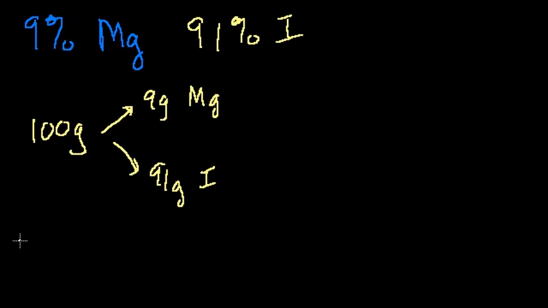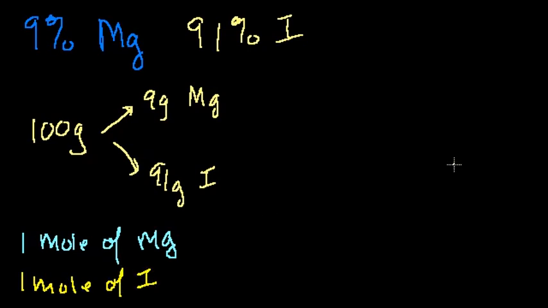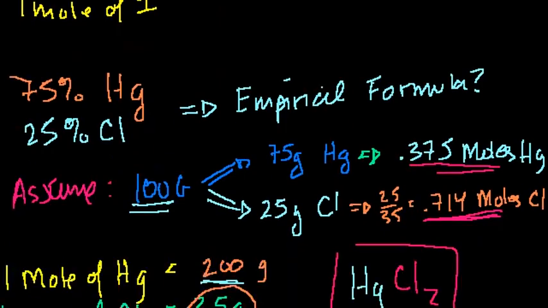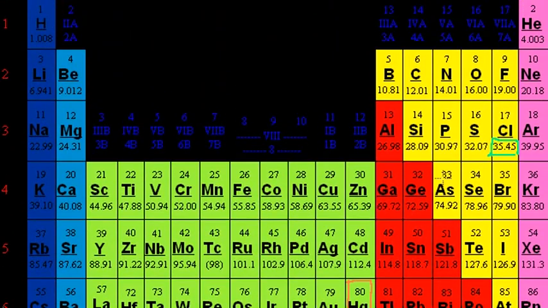So let me write here. 1 mole of magnesium. And we want to figure out 1 mole of iodine. Let's figure those out. So magnesium's mass number, let's just go with 24. Let's say we have the isotope that's 24.